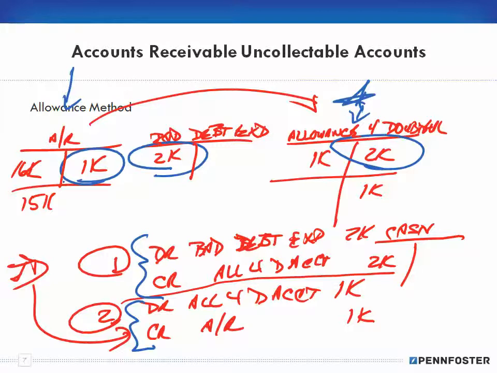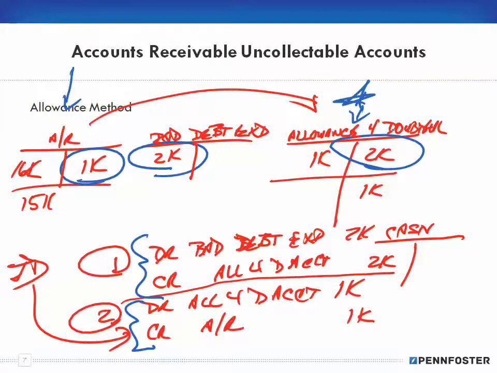And if some of it is bad, then your accounts receivable is just going to keep on inflating, and you're going to have an inaccurate accounts receivable. So depending upon how you handle the allowance for doubtful accounts, you'll be able to keep your accounts receivable more in line with what it should be.